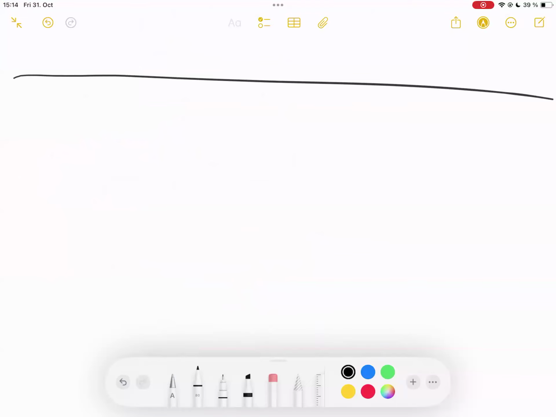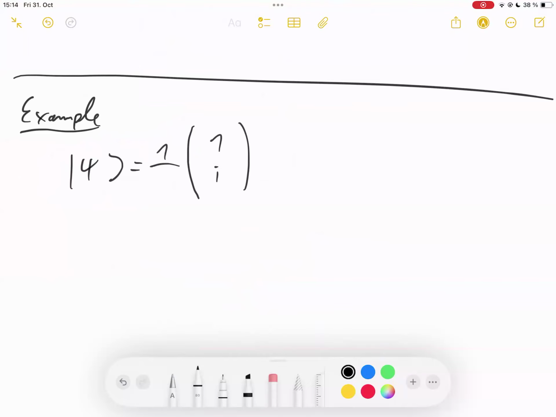Example. So we have our ket, which has two entries, 1 and i. But because this is not normalized, we need to normalize it. So we could say 1 divided by the square root of 2. That's actually normalized, but sometimes in the literature, this is written as square root of 2 divided by 2, which is just the same.